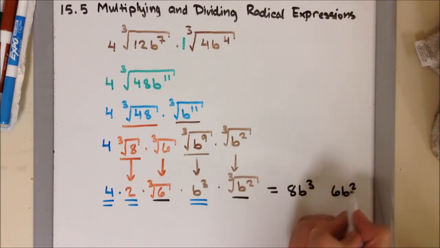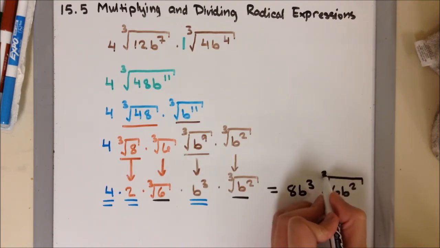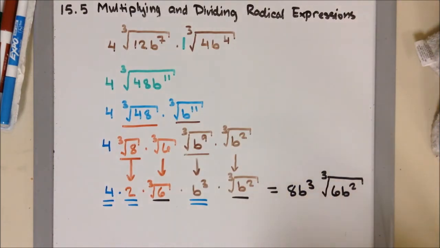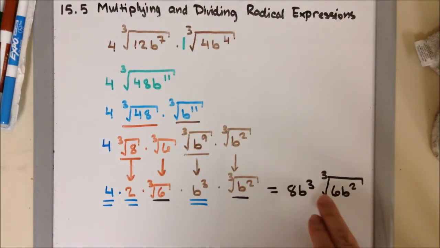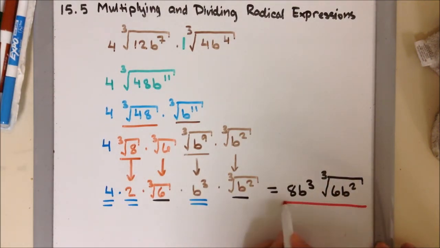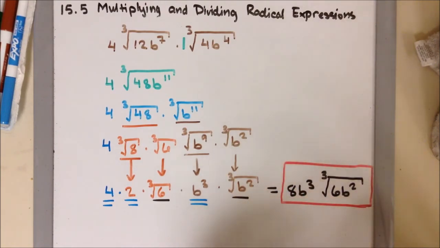So 6b squared inside the cube root, so make sure you have your index. So my final answer is 8b to the 3rd times the cube root of 6b to the 2nd power. And let me box that up. So here is my final answer.